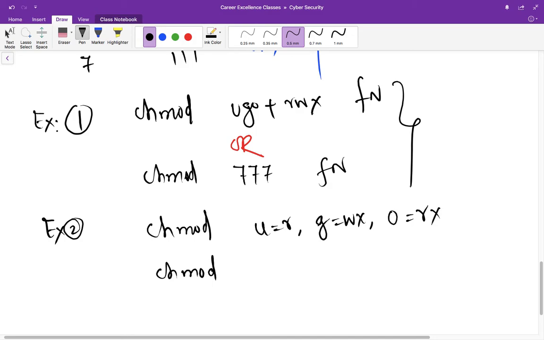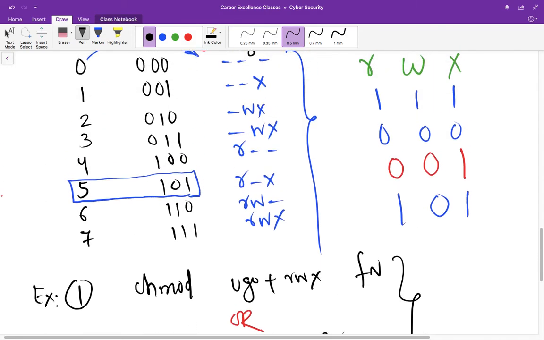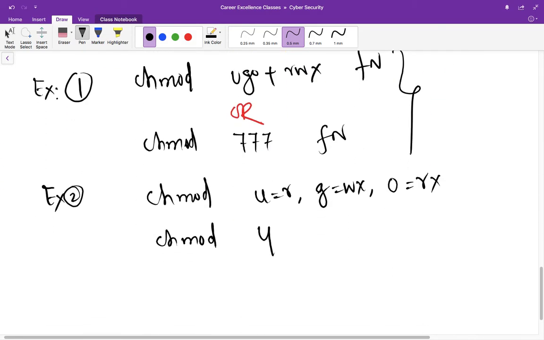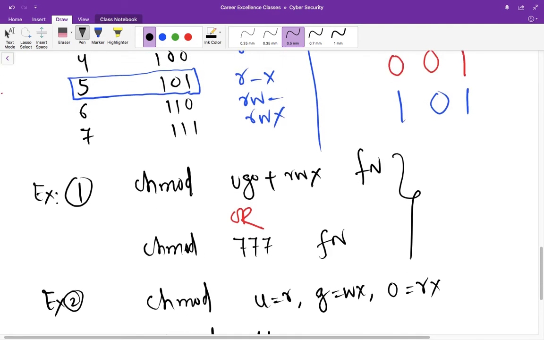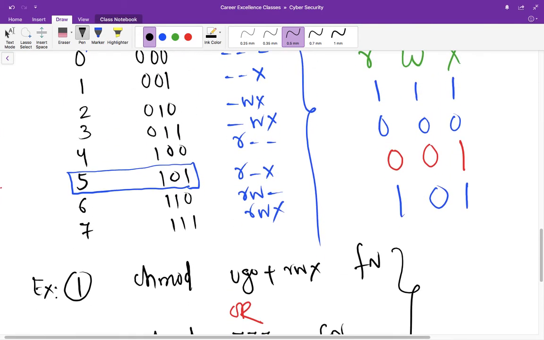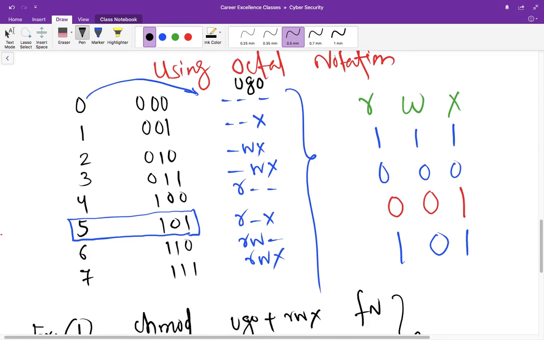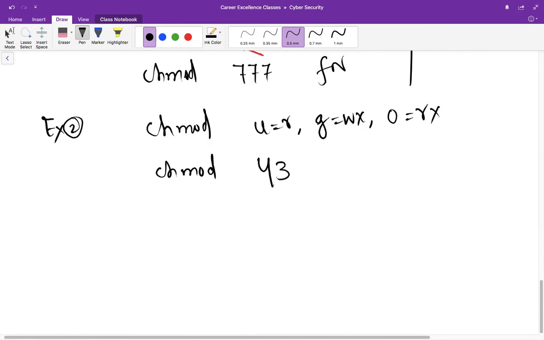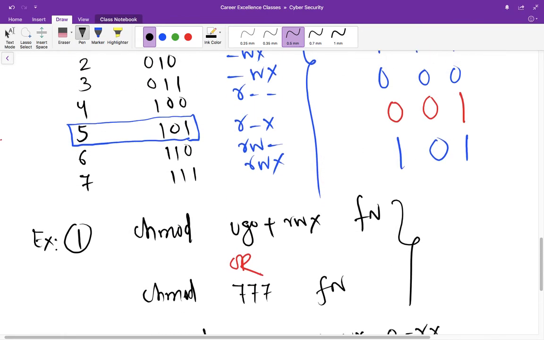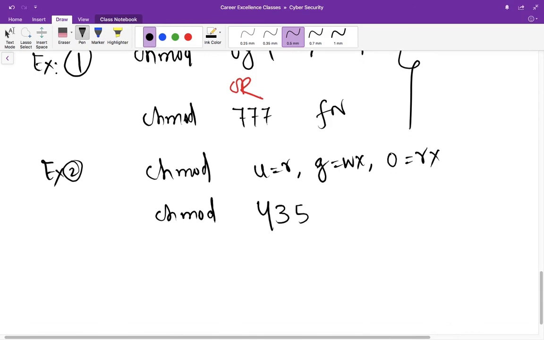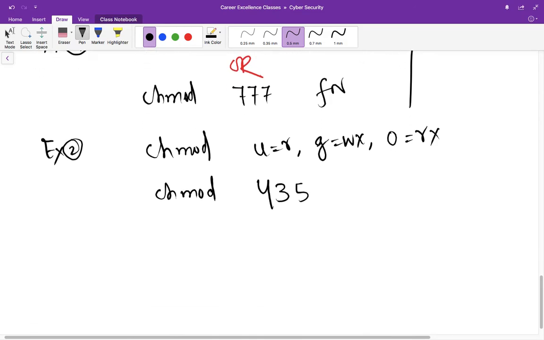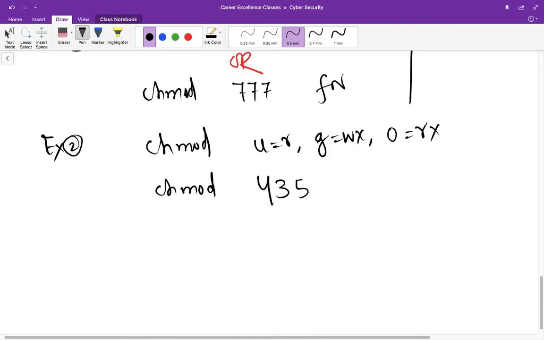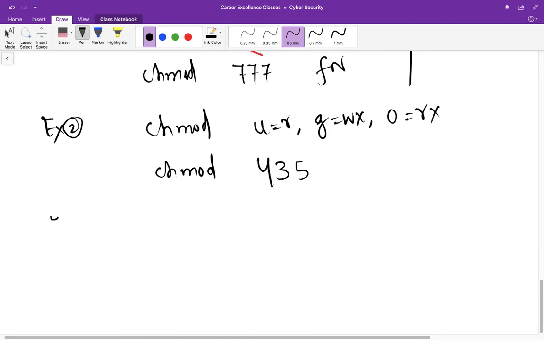So the answer is chmod, and when we are talking about reading only, see the reading only, this is 4, so we have to write 4. Then writing and executing, where is the writing and executing part? Here it is 3, so it should be 3. And then reading and executing, this is 5. Once you are familiar with this notation, you will do it immediately, but as of now you have to keep this table in your mind.